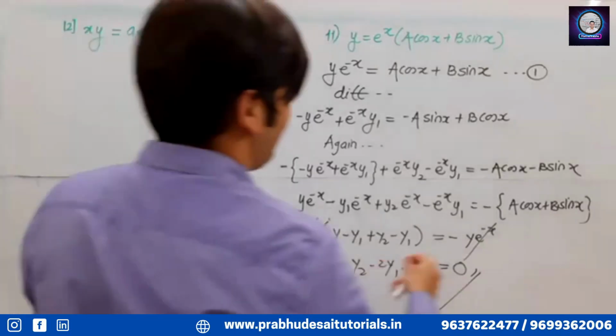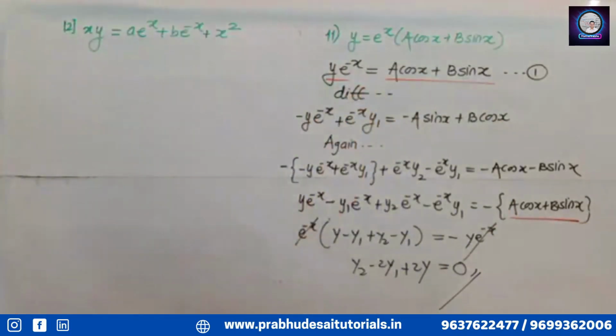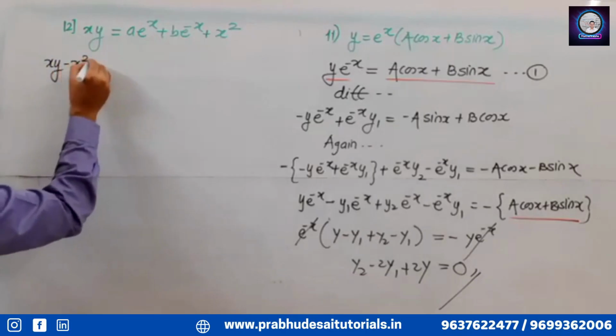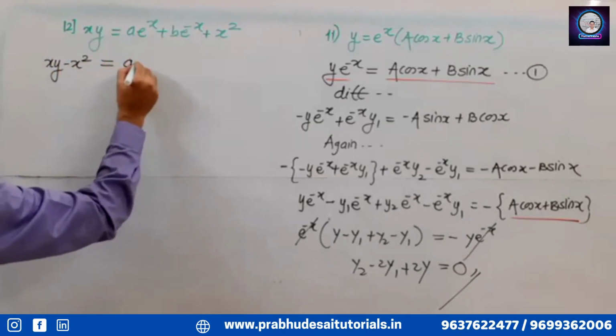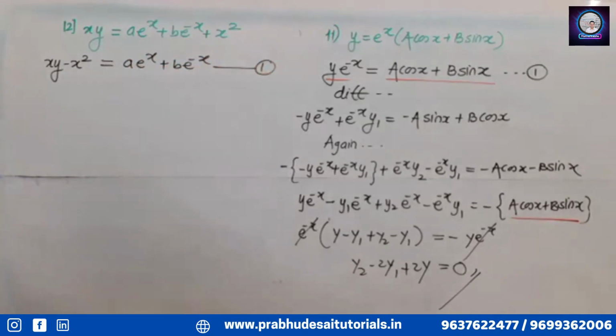Two constants, a and b. That means we have to differentiate twice. But before I start differentiating, I will rewrite this: xy minus x square, shifting it here, is equal to a e raised to x plus b e raised to minus x, number 1. Is that okay?